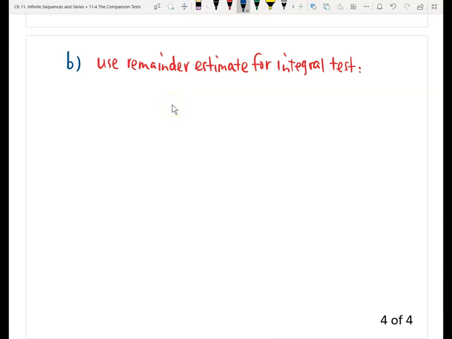So what is Tn? We control T first, and then we can control R. Tn is the integral from n to infinity of 1 over x raised to the third power. Why is this? Because Bn is 1 over n raised to the third power; change n to x.